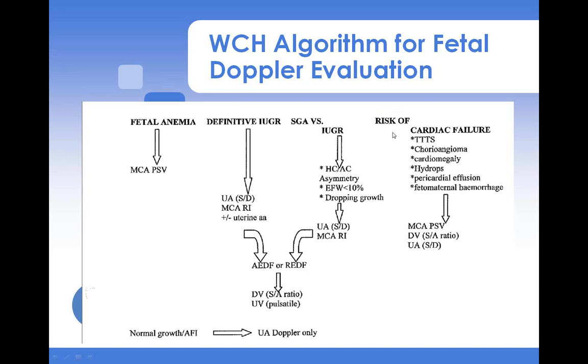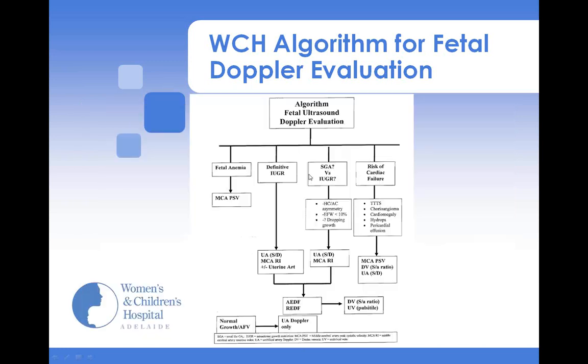In babies at risk of cardiac failure, be it in twin-to-twin transfusion or cardiomegaly, we perform the MCA peak systolic velocity, ductus, and the umbilical artery. And in normal growth and AFI babies, we only ever do umbilical artery Doppler.